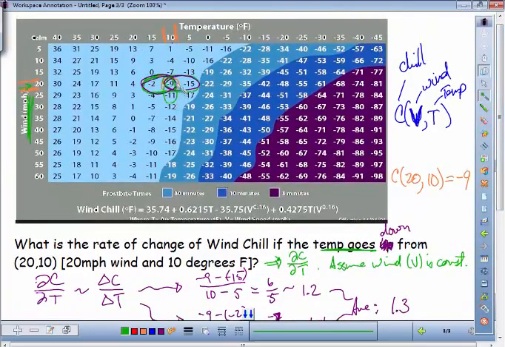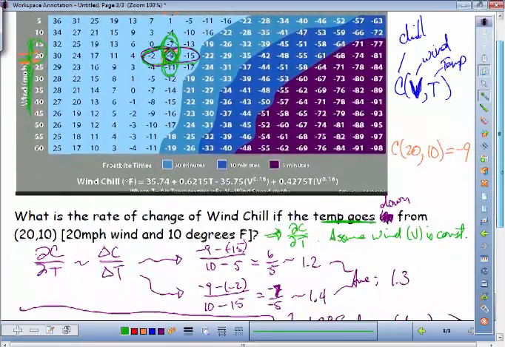So I want to know about these changes as my wind speed goes up or down. So let's pick the one going up first from 20 to 15. And this is -9, and the wind chill increases to -7 if the wind drops from 20 to 15.